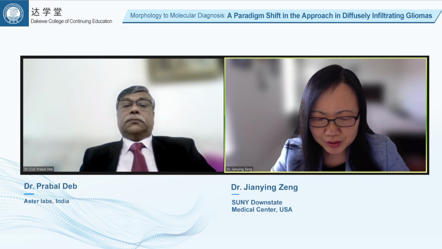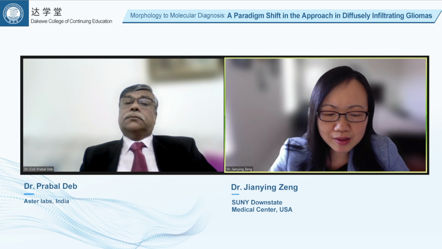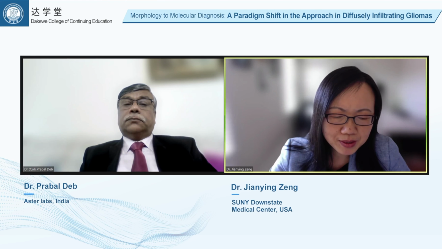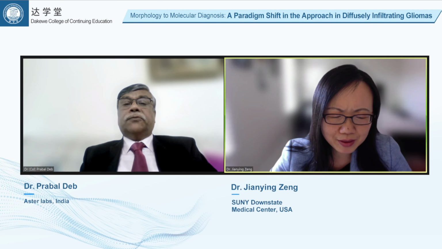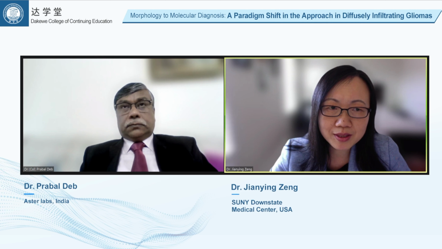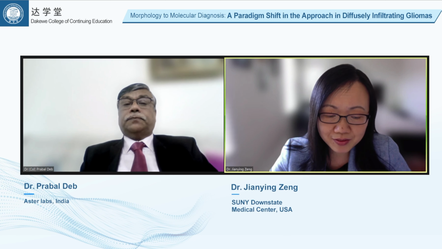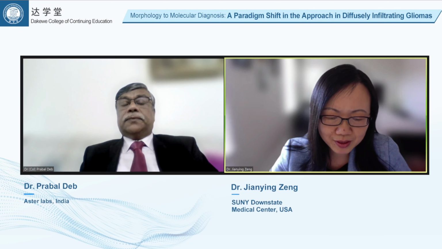So all those molecular features, sometimes if we don't understand them very well, could be misleading. The case that I had recently is a young woman with a temporal lobe tumor that on H&E looks like a low-grade glioma, more like a PXA kind of appearance with EGBs, and Ki67 very low, less than 1%.